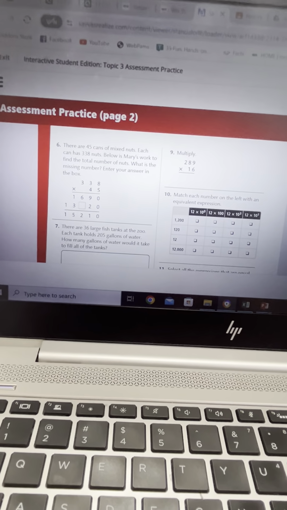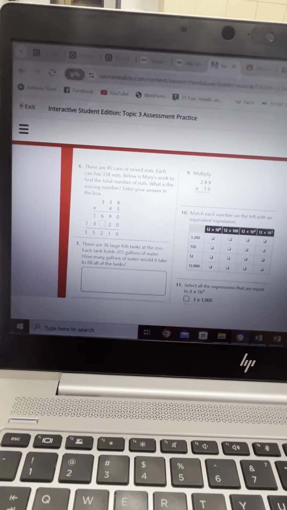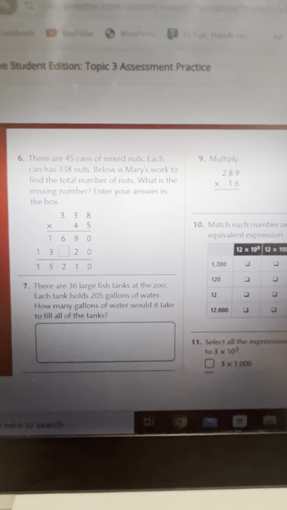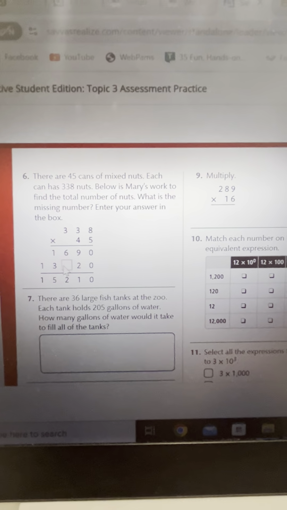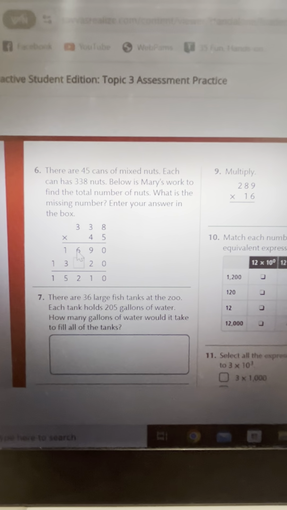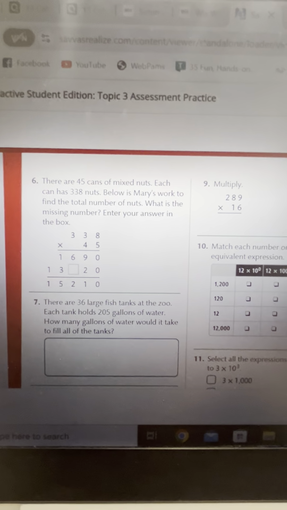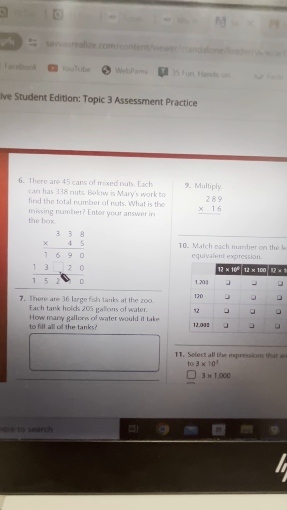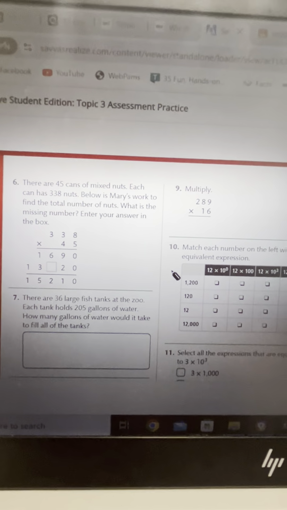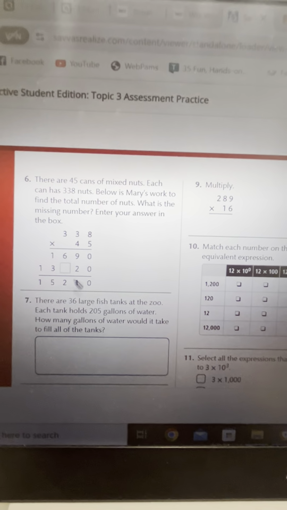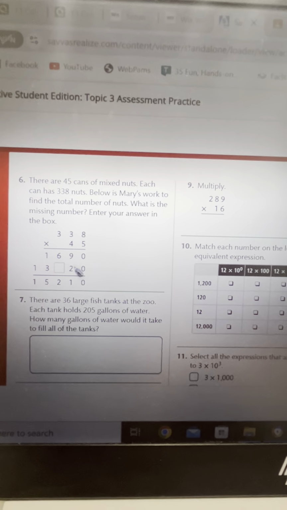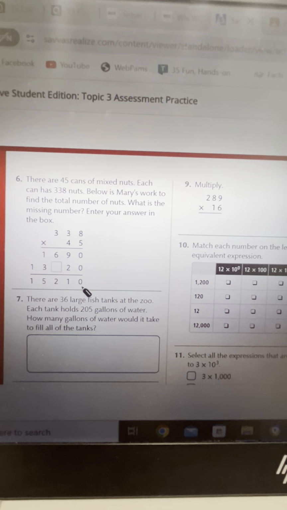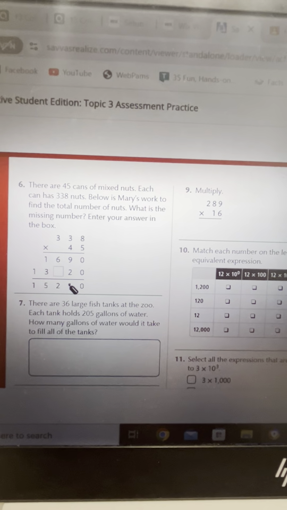All right, so this one, number 6, was asking about this missing digit right here. I said, even if you did not know how to multiply, the digit would not be hard to find. What the kids did in class is they were putting a 6 right here. But they forgot that we were regrouping right here. So 0 plus 0 is 0. 9 plus 2 is 11.